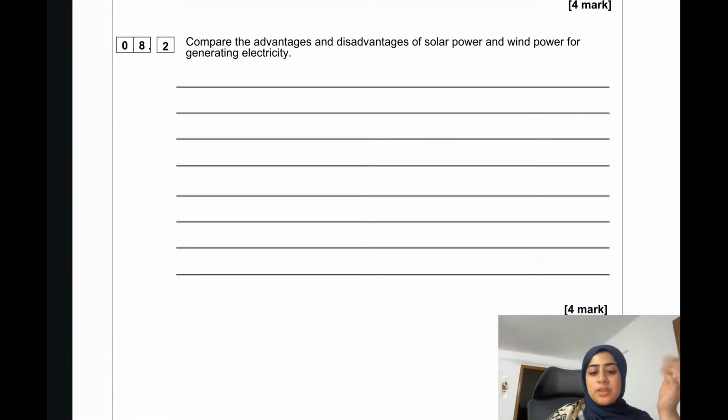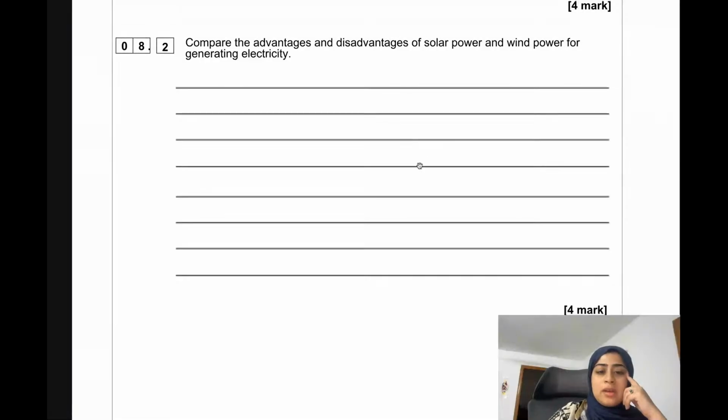Advantages and disadvantages of solar and wind. Again, this is very straightforward. Remember that for solar power, an advantage is that it works really well in remote and hot areas.